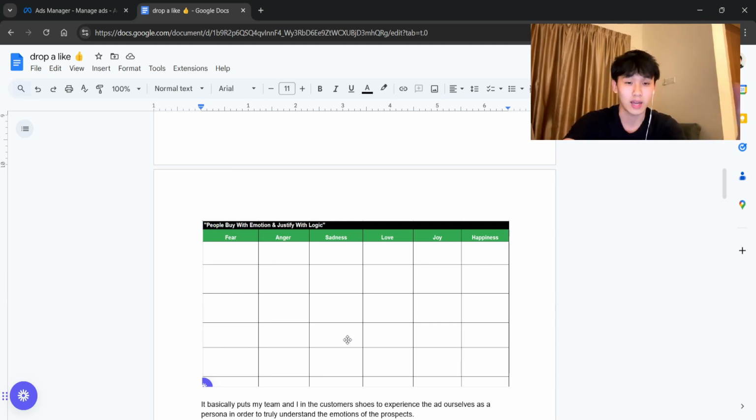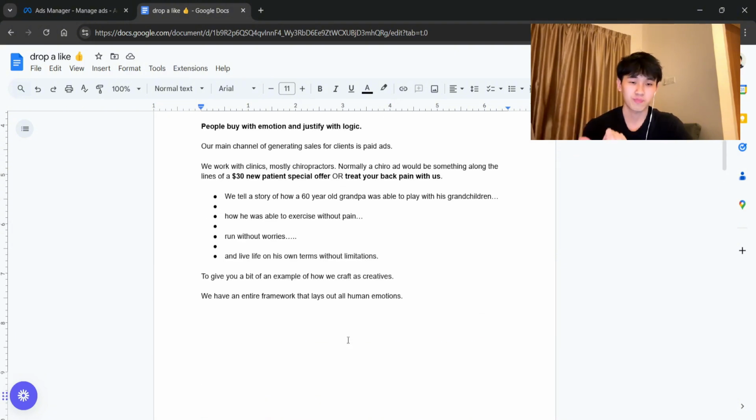Before crafting any ad creatives at all, we come to this spreadsheet and we figure out what emotions our ideal audience would feel. We have fear, we have anger, sadness, love, joy, happiness. And I could give you an example here, and this is where I go off the script. So let's say a 60-year-old grandpa with back pain as an example.